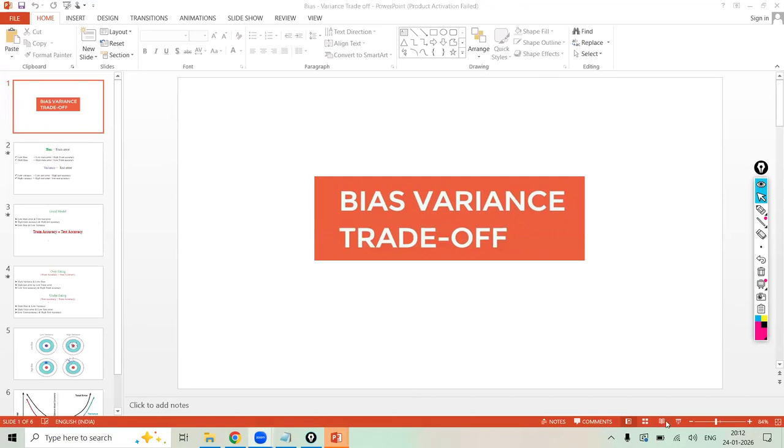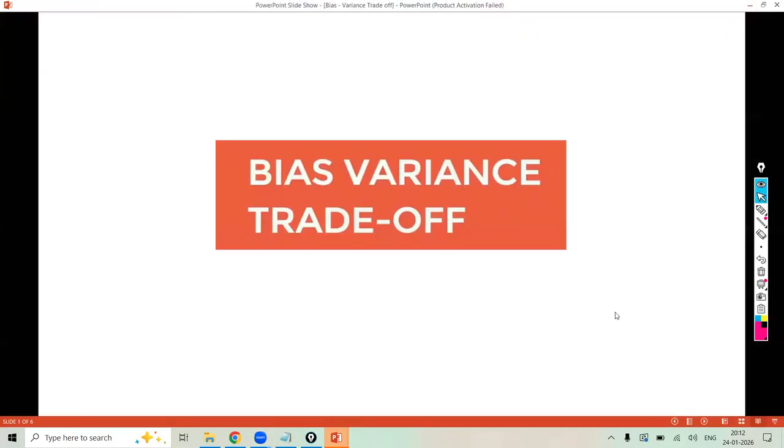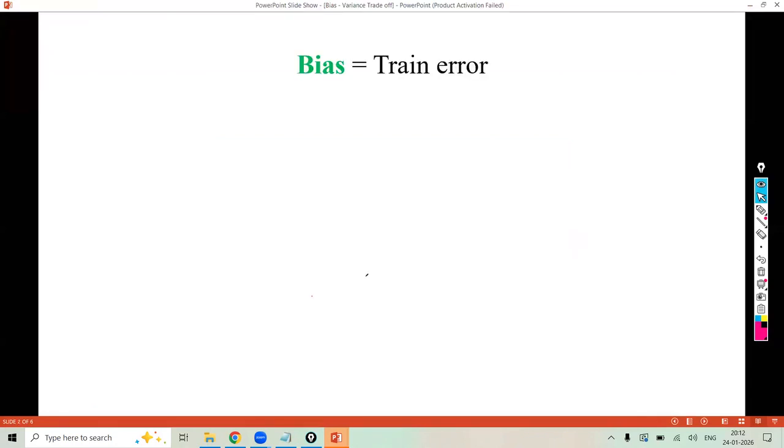Okay, done. Now, here, bias variance trade-off. What is meant by bias variance trade-off? Bias means train error. Train error means the error you have calculated on the train data. The error calculated on the test data is the test error.